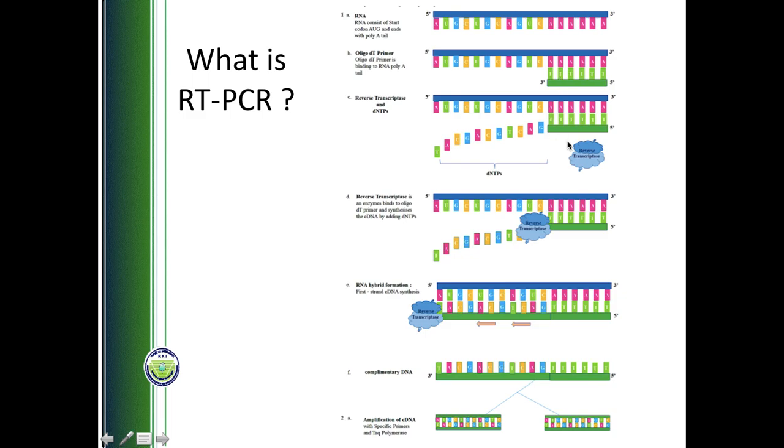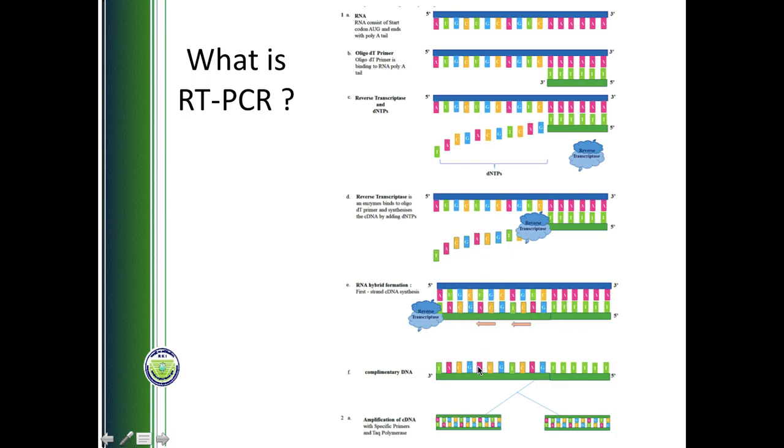Again, the binding of the green color primer to the RNA is sequence specific. So this primer will only bind to certain RNA molecules. Then the enzyme reverse transcriptase will synthesize a DNA strand, here shown in green color, for the blue colored RNA.